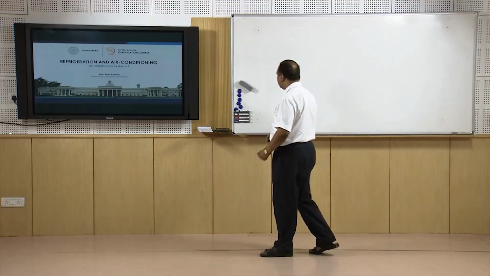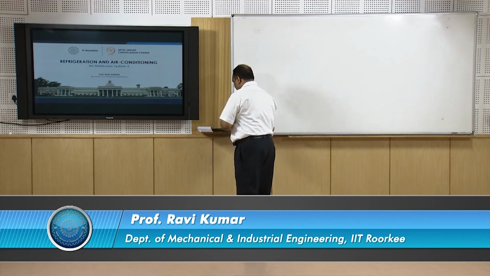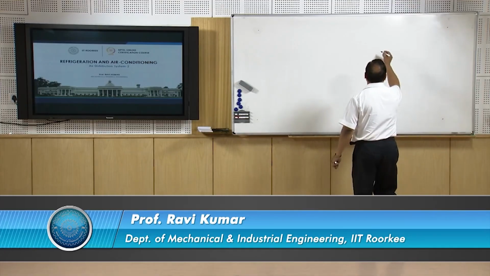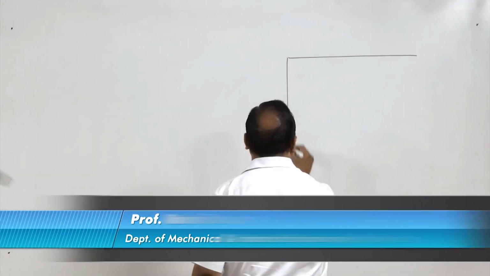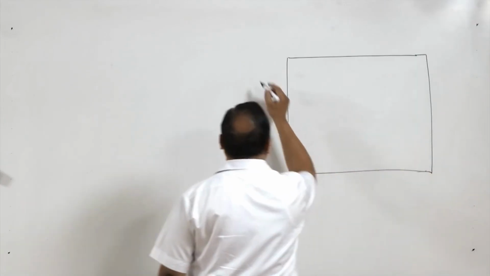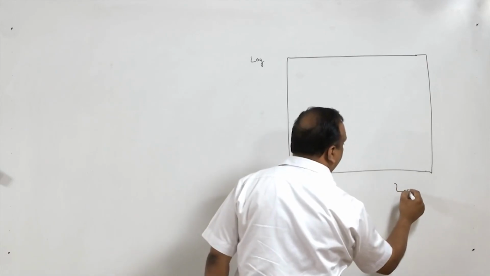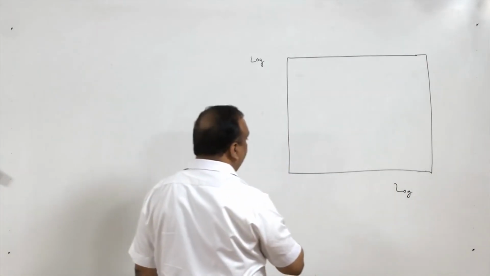In connection with the air distribution system, last time we discussed the duct design charts. In these charts, the x-axis is a log scale chart. It is known as duct friction chart on a log scale.